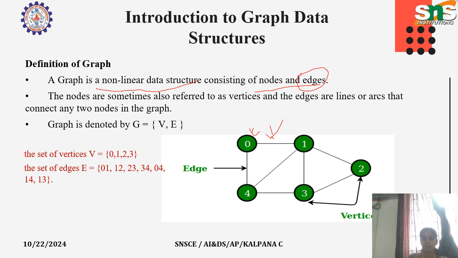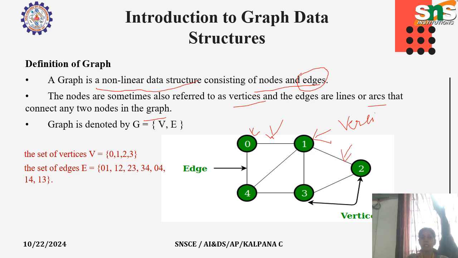The nodes are sometimes also referred to as vertices, and edges are lines or arcs that connect two nodes in the graph. So 0, 1, 3, 4, 2 are called nodes, or vertices, and the lines between the nodes we call arcs or edges.